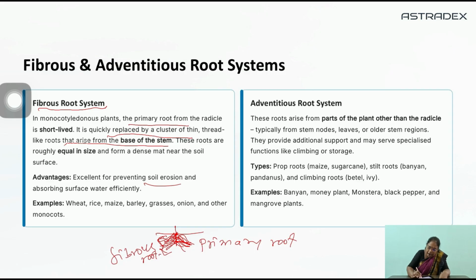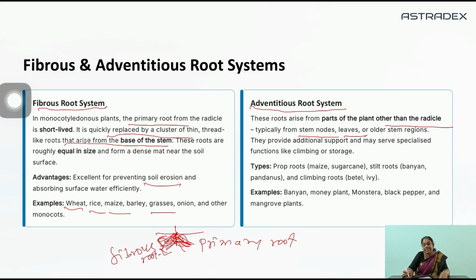And then adventitious root system. In the adventitious root system, roots arise from any part of the plant other than the radicle, mainly from stem nodes, leaves or older stem region.